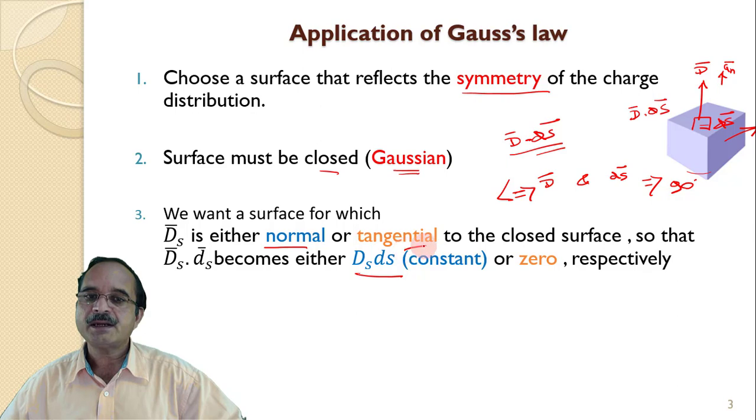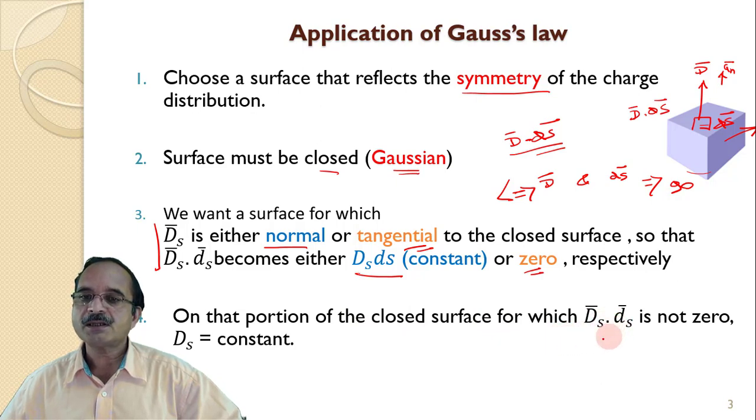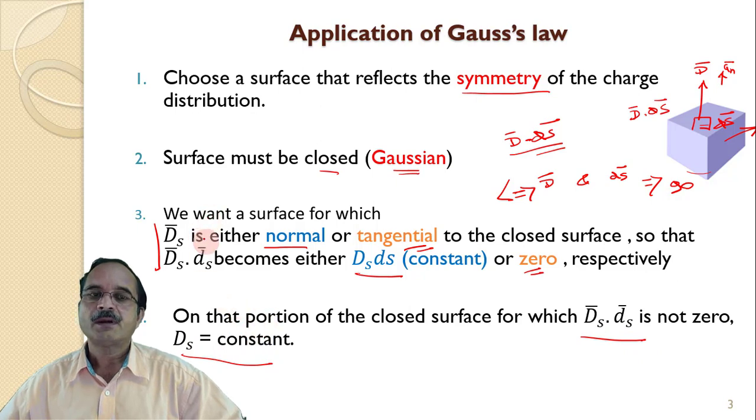So if D is tangential, the dot product is 0. These are the two possibilities. So on that portion of the closed surface for which D dot dS is not 0, D is equal to constant. So these steps will be followed for solving problems.